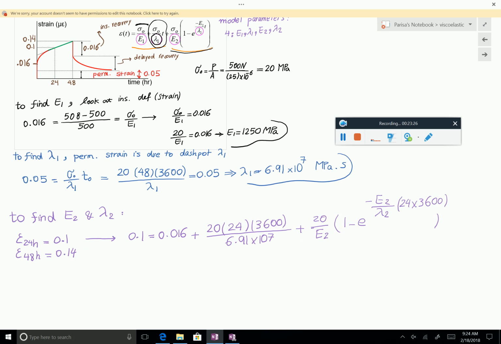Okay, so we can also do that for 48 hours. So it's 0.14.